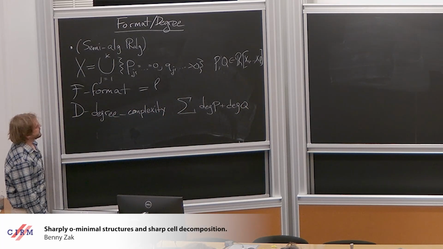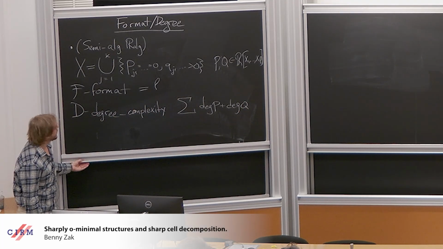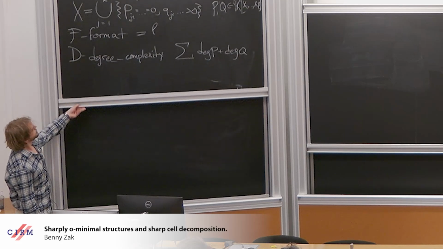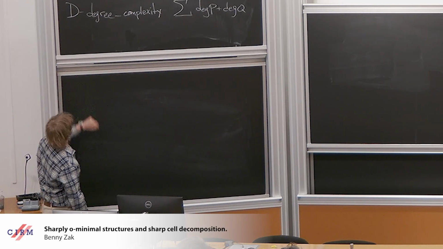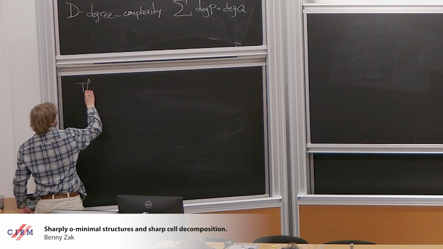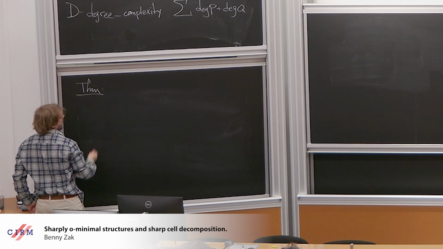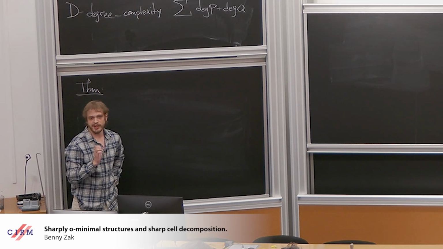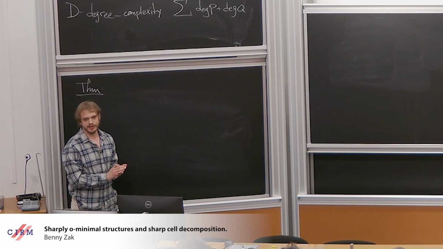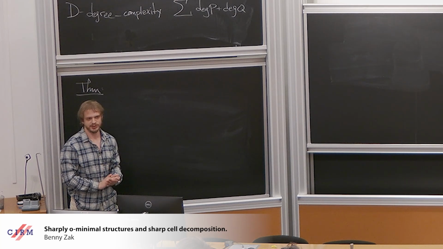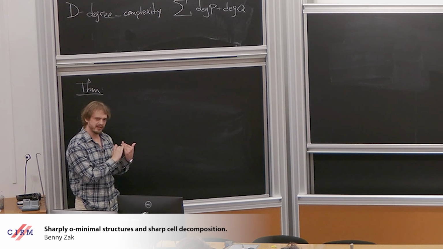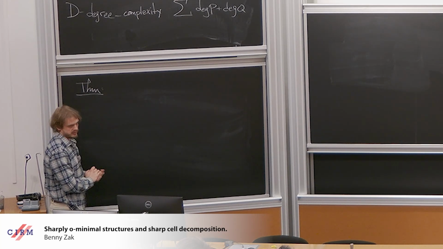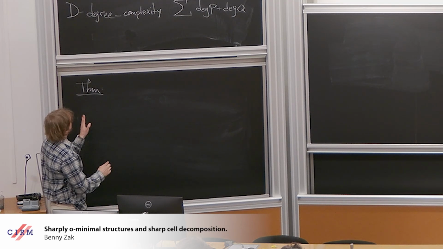Okay, and these two numbers control the geometry and topology of X in the following sense. So, theorem. I will not explain what O-minimal structures are and what cells are, but yesterday they were mentioned. So the theorem goes as follows.